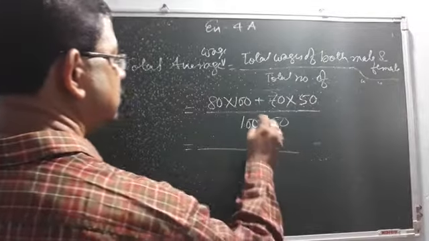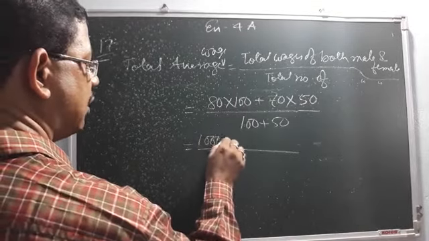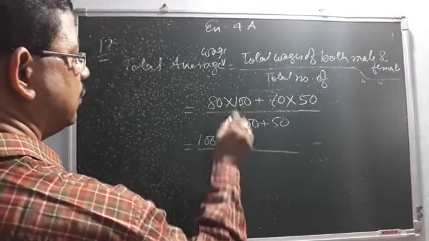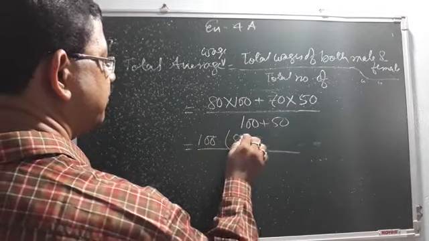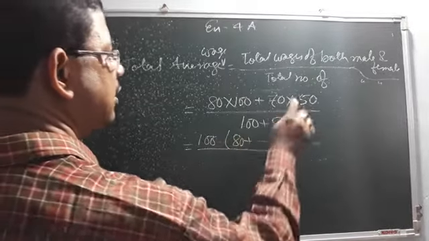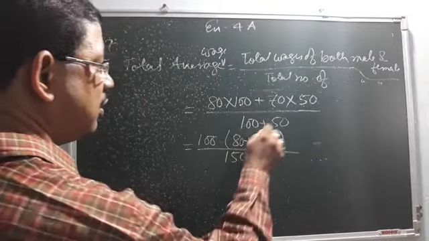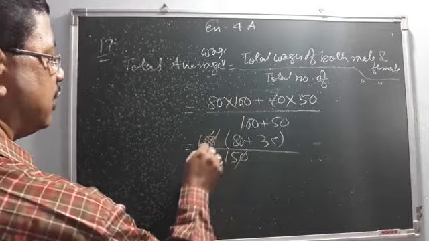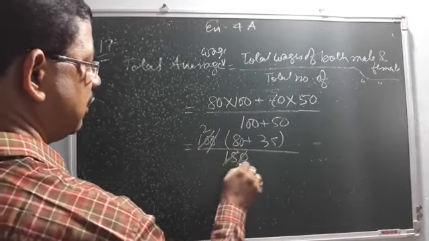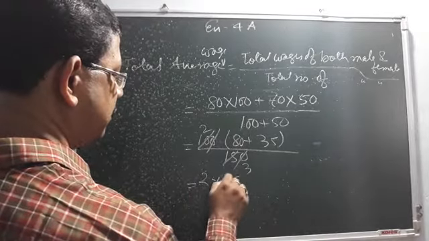Now, if I take 100 as common, then we get 80 and 35 in the numerator. In the denominator, it is 100 plus 50, which is 150. So we can cancel, and it is 5 twos are 10, 5 threes are 15, so 2 into 5 is this.